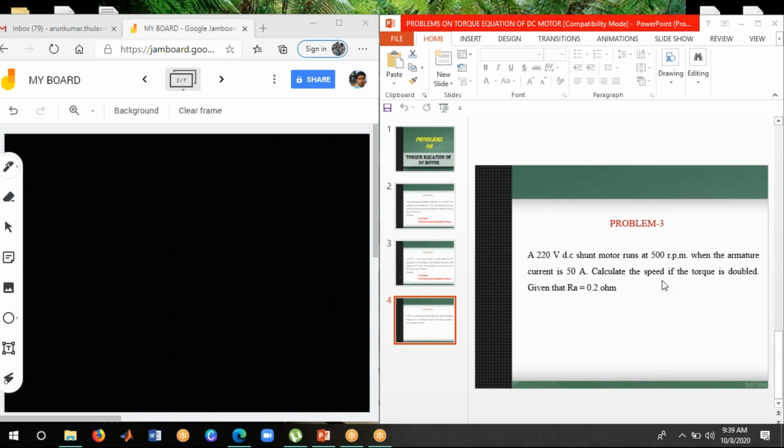Calculate the speed if the torque is doubled, given that the armature resistance is 0.2 ohm. Here they have given two conditions. Now from this question we can solve the problem. Since it is a DC shunt motor, the armature torque is directly proportional to the armature current. Ta1 is directly proportional to Ia1 in condition 1, and Ta2 is directly proportional to Ia2.